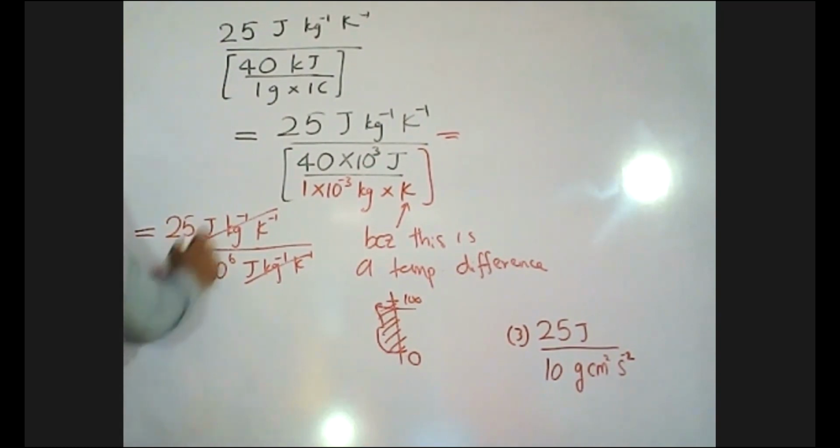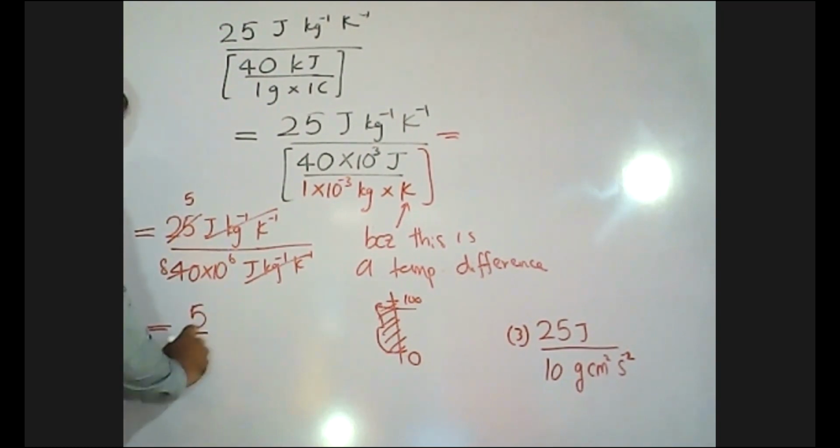So 25 to 40, I can divide by 5. So 5 over 8, into 10 to the power minus 6.